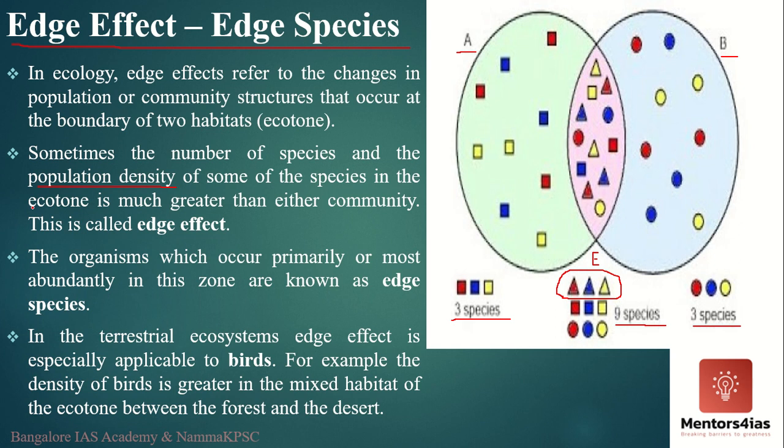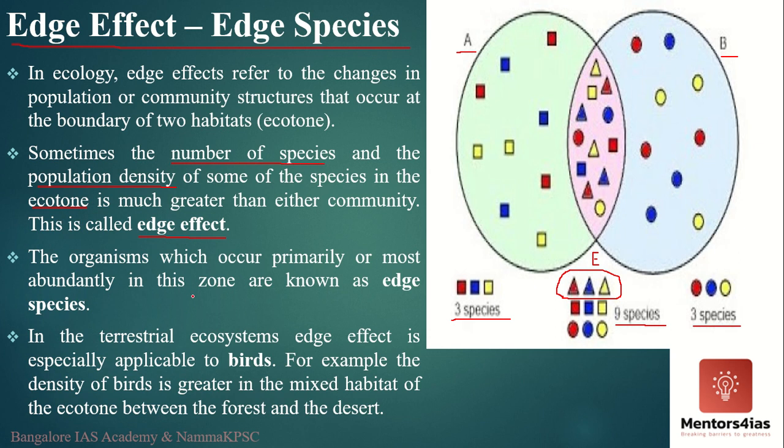Meaning, when a species is found in greater numbers in the ecotone rather than the ecosystem, this is referred to as the edge effect. Please remember, when a species is found in greater numbers in the ecotone rather than the ecosystem itself, then this is referred to as the edge effect.